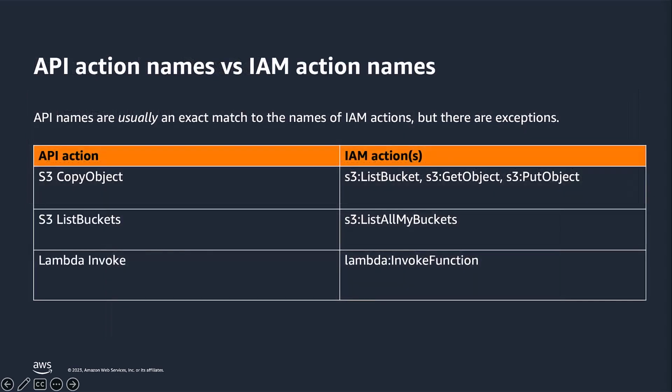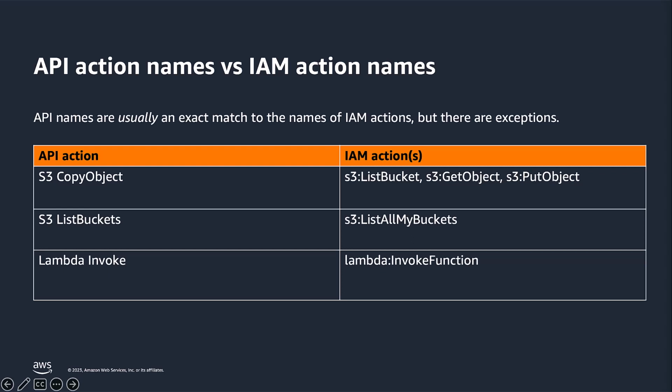Another note on actions is that when you make a call to an AWS API, that API will authorize one or more IAM actions. These IAM actions usually share the same name as the API, but there are some exceptions. One example of an exception is the S3 copy object API, which requires the S3 get object permission on the bucket you're copying from, the S3 put object permission on the bucket you're copying to, as well as the S3 list bucket permission.